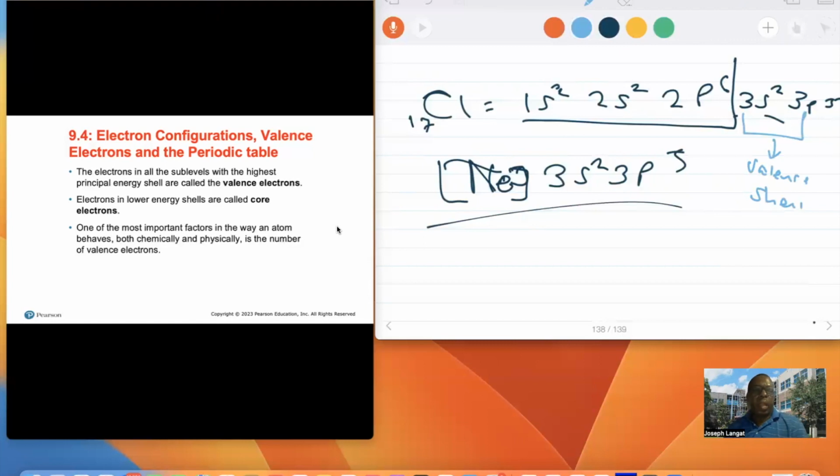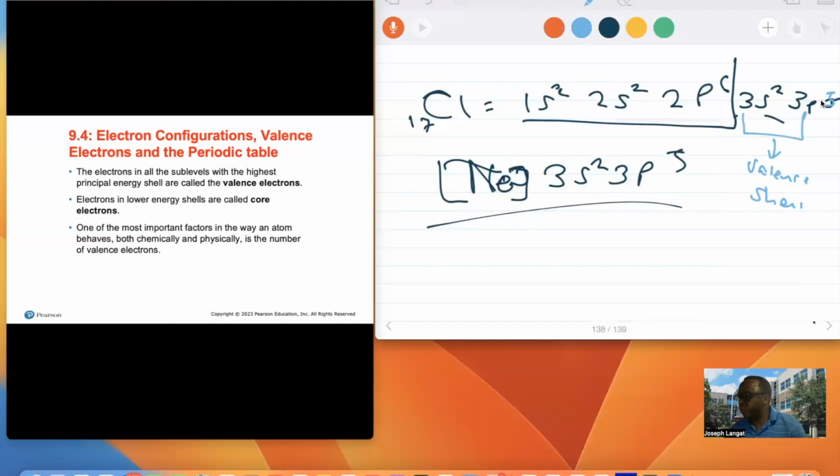And valence electrons are the electrons in the highest principal energy level. So here, if you look at this, it's not the P sublevel. Chlorine, we have 5 here. This is P5. Don't count the sublevel P and say it's the outer. It's the sum.